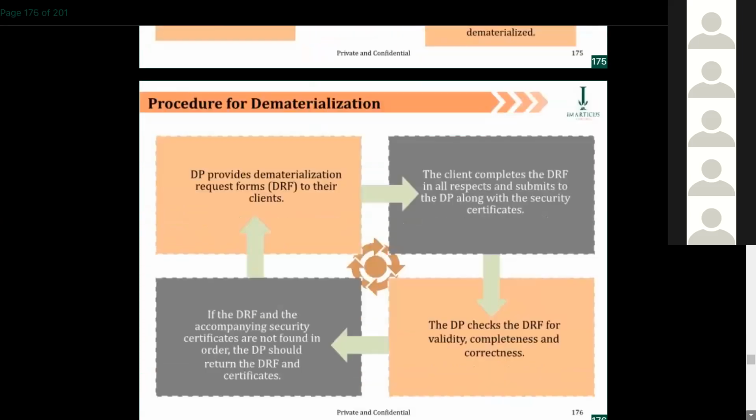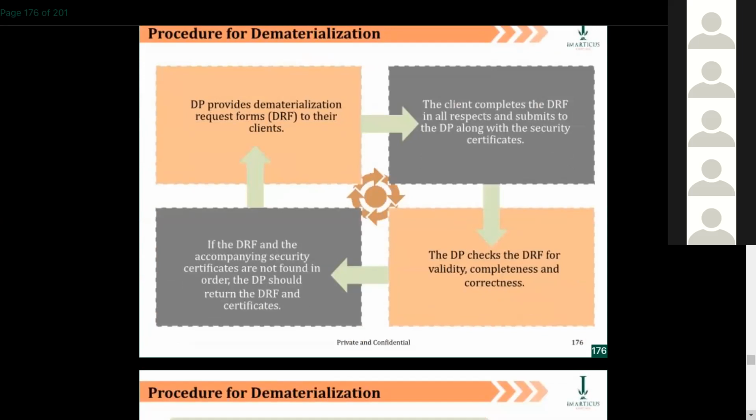So the DRF has to be collected from the depository participant. Depository participant provides dematerialization request to their clients. The client completes the DRF in all respects and submits to the depository participant along with the security certificate. So this is exactly similar to your pay-in slip which everyone must have filled, everyone must have gone and deposited cash at some time. So it is similar.